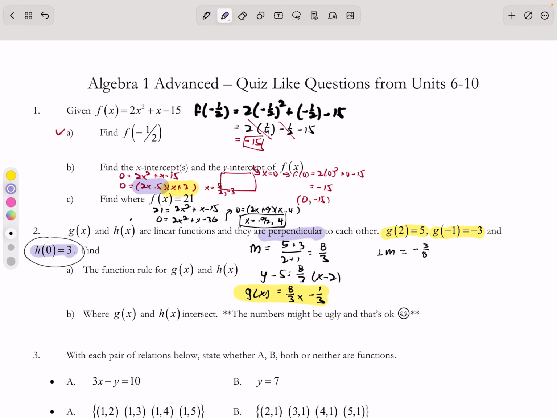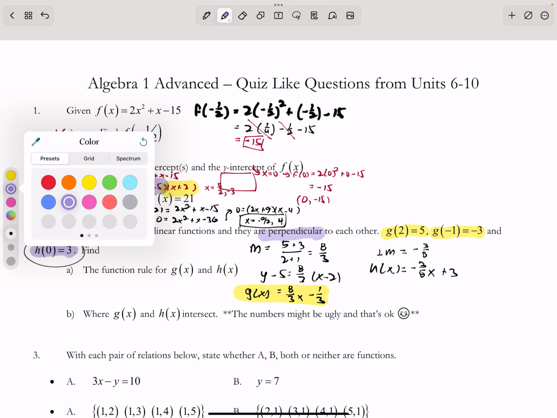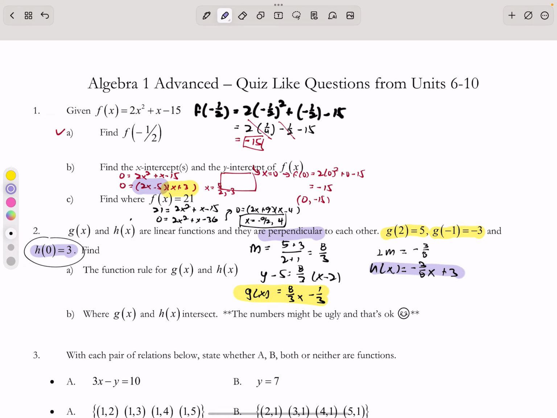So isn't the equation of that line, h of x equals negative 3/8 x plus 3? Yes, it is. So there you go. And that's my h of x function.